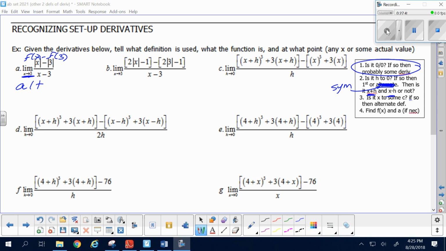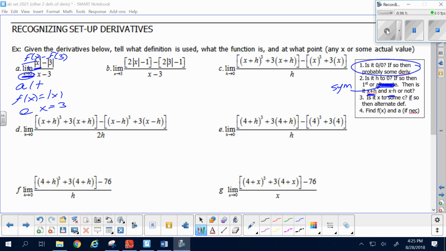Okay, so alternate definition. Next thing is, what is the function? Well, by looking at f of x here and comparing it to what's here, it's obvious that f of x is just the absolute value of x. And then at what point, the easiest place for alternate is to look here. x approaches a, so in this case, x approaches 3. So I'm looking for the derivative of the absolute value function at x equals 3.